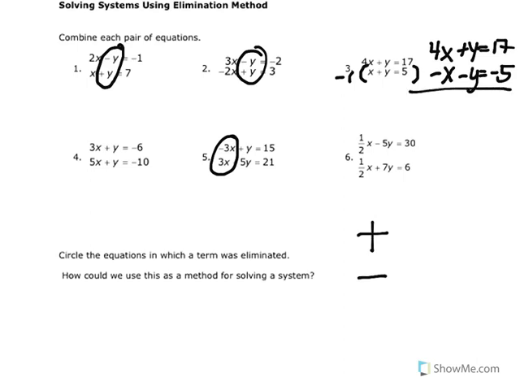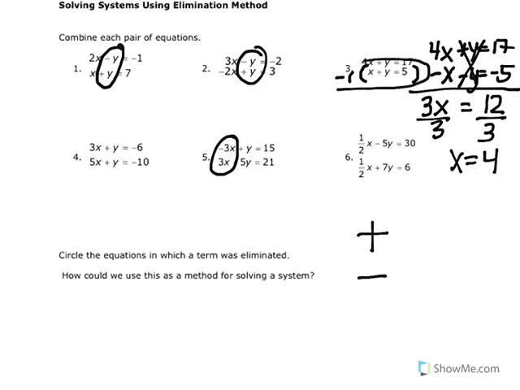Now when I add the equations together, 4x minus x is 3x. y plus y is eliminated. 17 minus 5 equals 12. Divide by 3, and now I was able to solve it by eliminating the y. But what I had to do is multiply everything in the equation by -1 to make it disappear, to get these y's to be opposites.